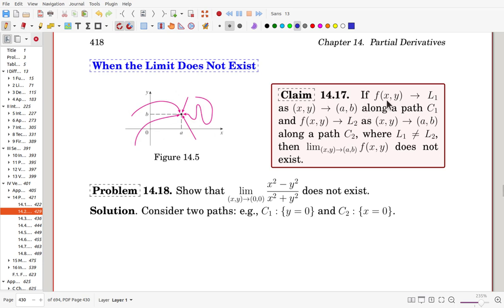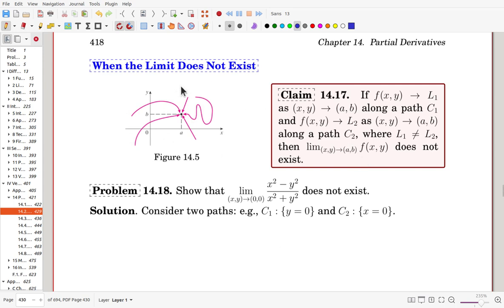If f of x, y approaches L1 as (x, y) approaches (a, b) along path C1, and f of x, y approaches L2 along path C2, and L1 is not the same as L2, then the limit doesn't exist.